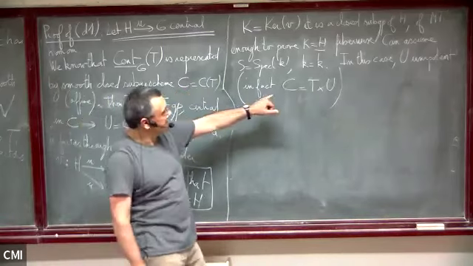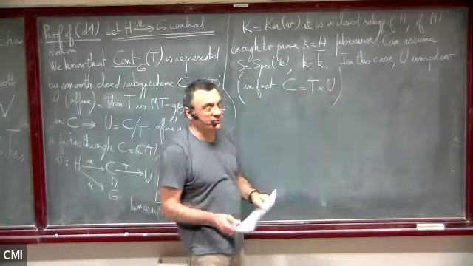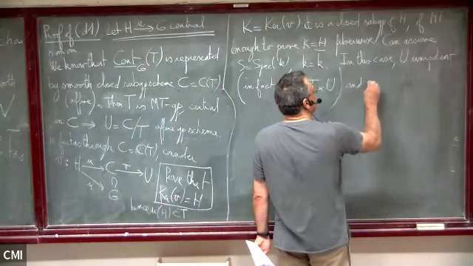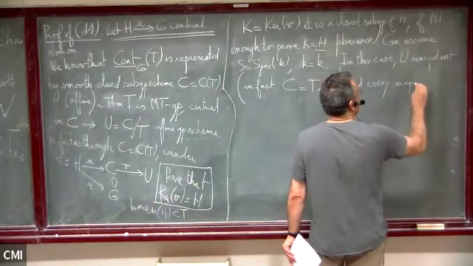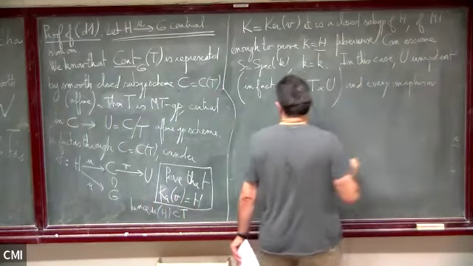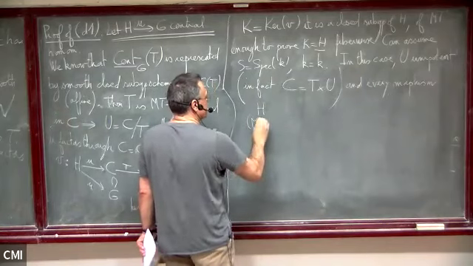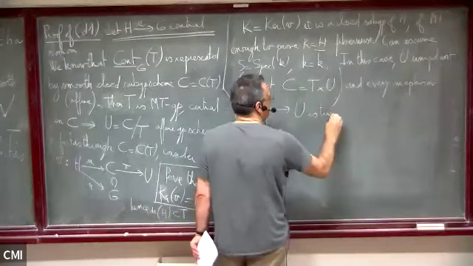So the group is nilpotent, and it's a direct product of a torus and a unipotent group. And every morphism from H, which is of multiplicative type, to U is trivial.